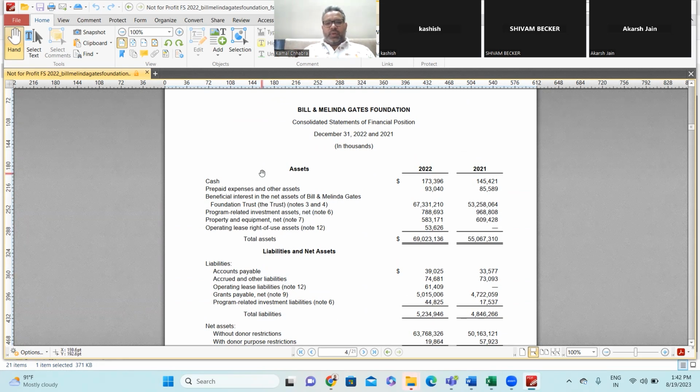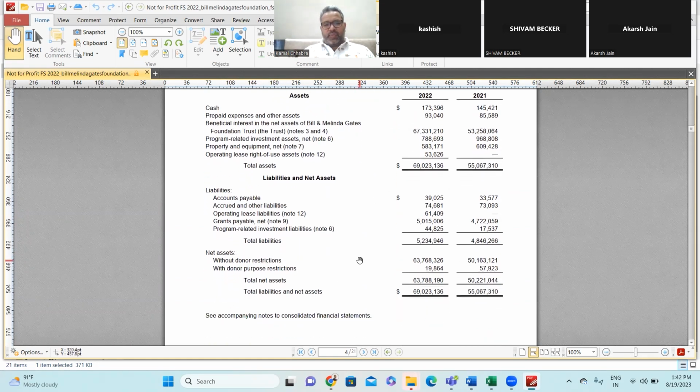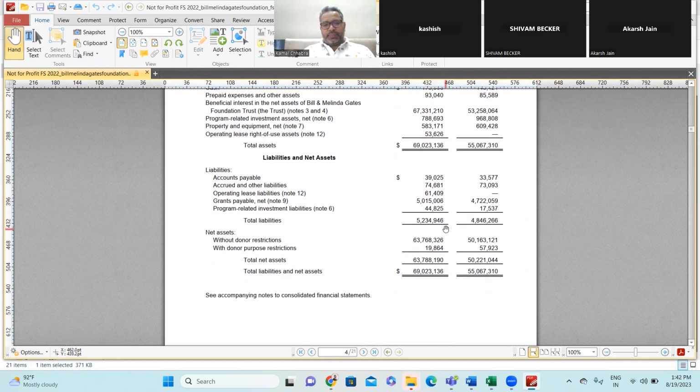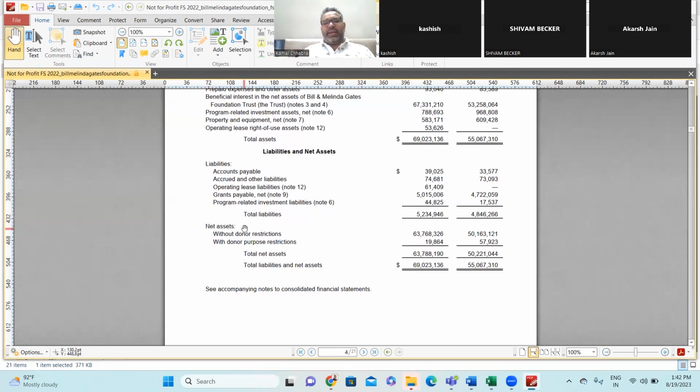So in the balance sheet, or the financial position, you'll see your cash, prepaids, beneficial interest, program related assets, property, plant and equipment, and the leases. On the liability side you have accounts payable, accrued liability, operating lease, grant payable, and the program related investment liabilities. And then the final one is net assets.